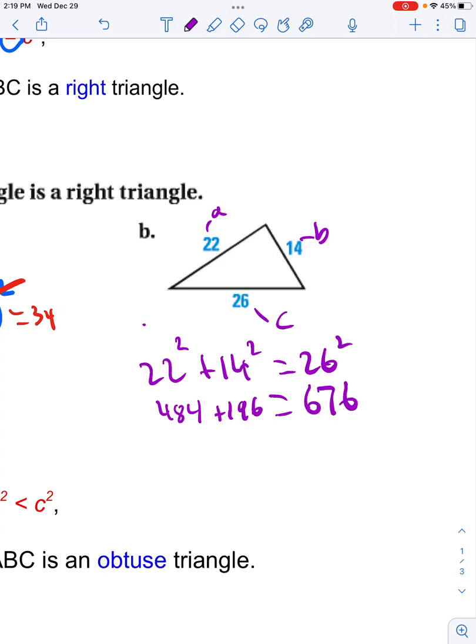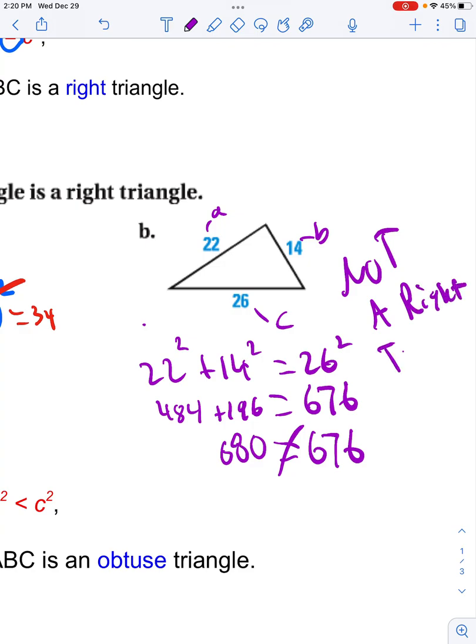And 26 squared is 676. So 484 plus 196 equals 680. So 680 does not equal 676.